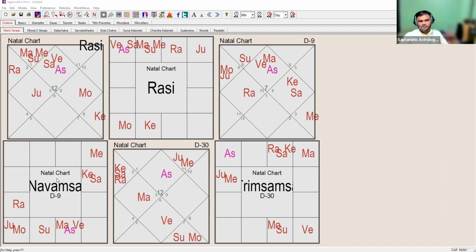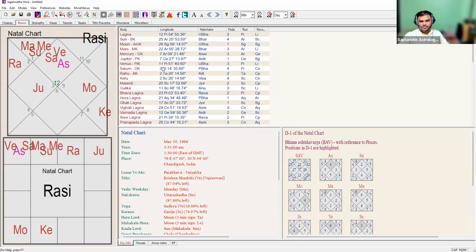So first, we have seen Lagna. As Mahendra sir says, in Lagna we have Saturn and Venus, which is the 8th house lord. And the most important point he noted is that Venus is at 11 degrees.